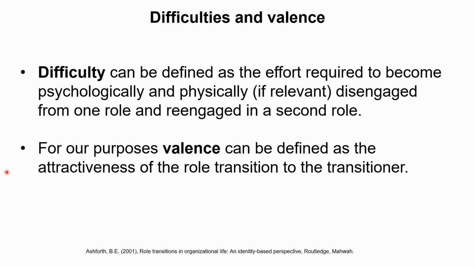Valence can be defined as the attractiveness of the role transition to the transitioner. Valence can be simplified to summarize values-based evaluation of the transition, and it exists on a continuum ranging from highly positive to highly negative. A connection can be established between valence and difficulty. The more difficult the transition, the lower the valence is likely to be, and the easier the transition, the higher.